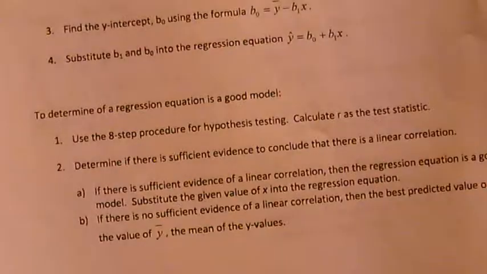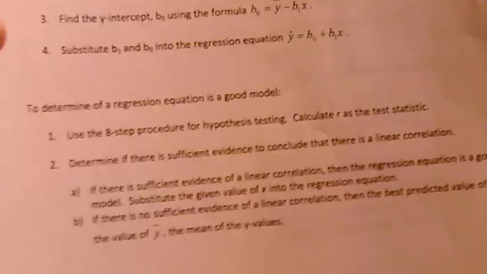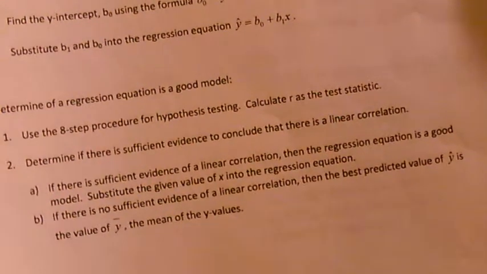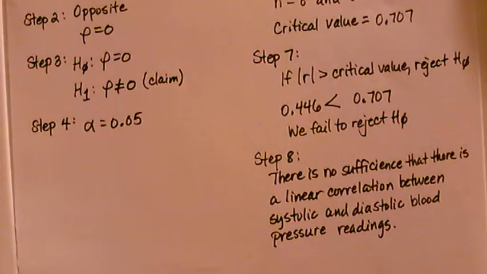So if you recall, if there's no sufficient evidence of a linear correlation, then the best predicted value of y hat is going to be the value of y bar, which is the mean of your y values. Okay, so in this case, we need to find out what y bar is.